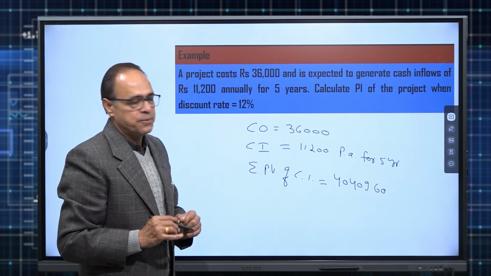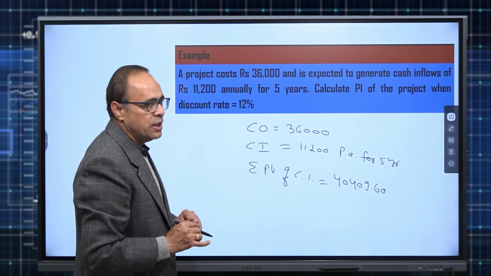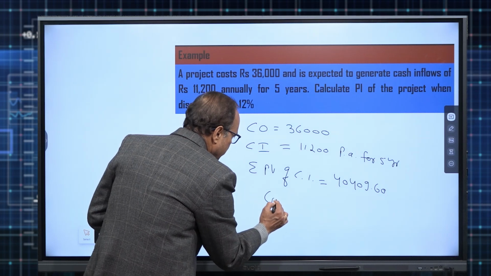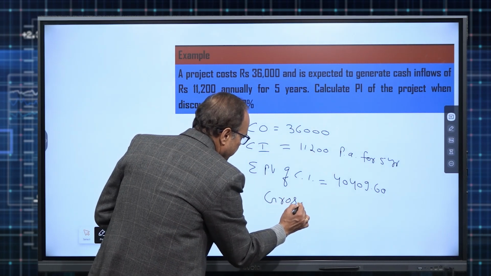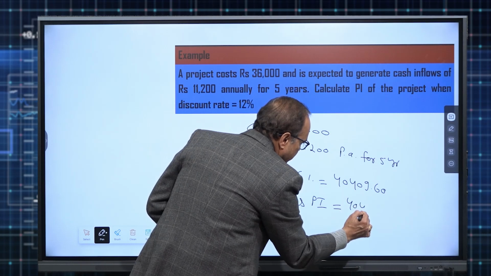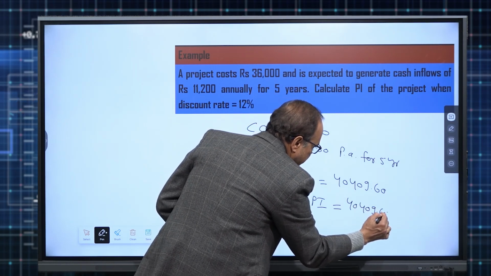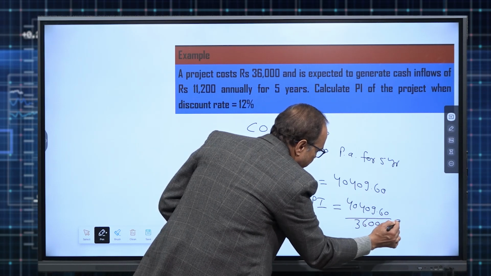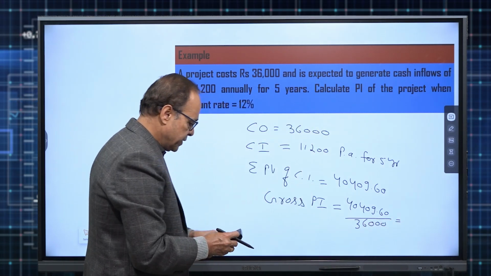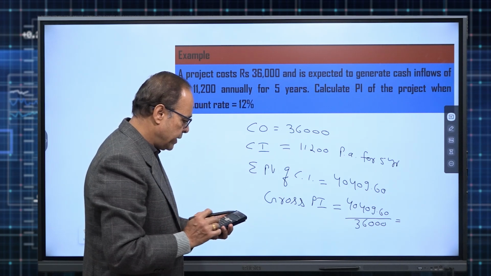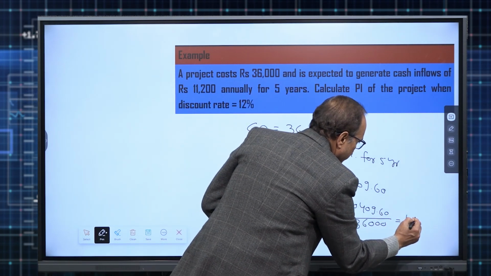Now the last step: plug the values into the profitability index formula. So gross PI equals 40,409.6 divided by 36,000. If you do it, we get 1.12.